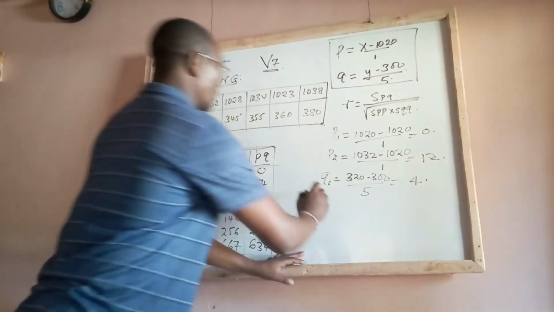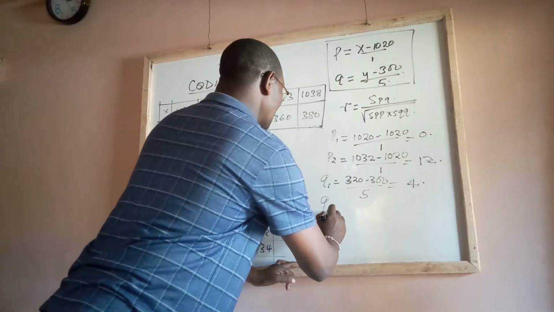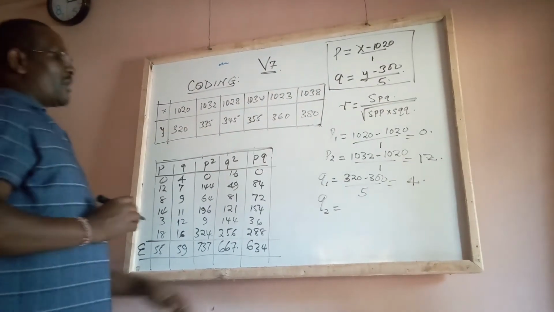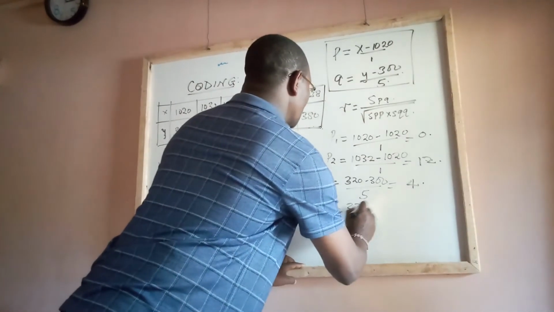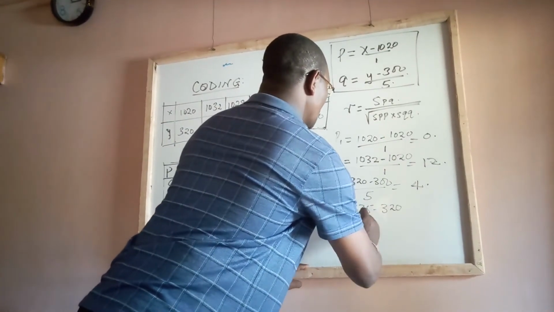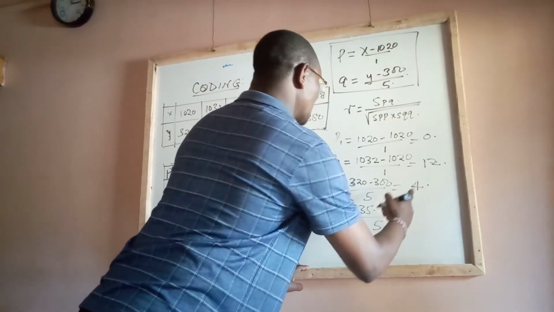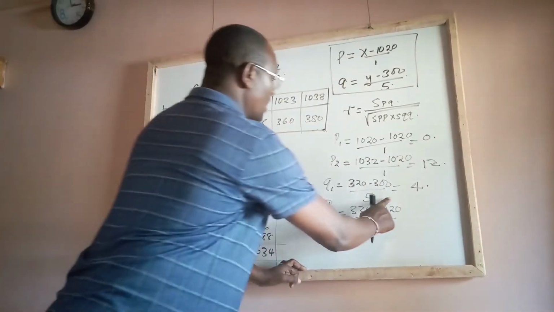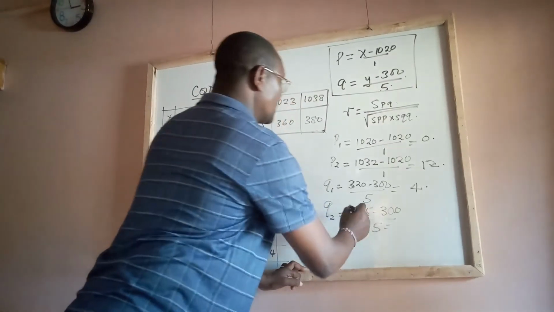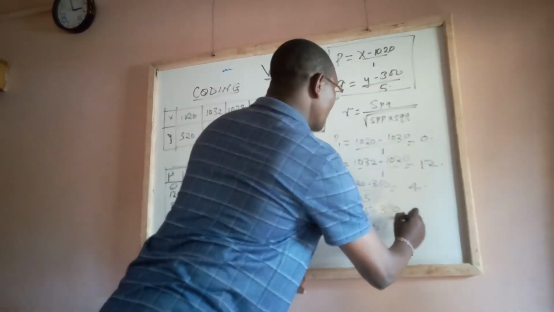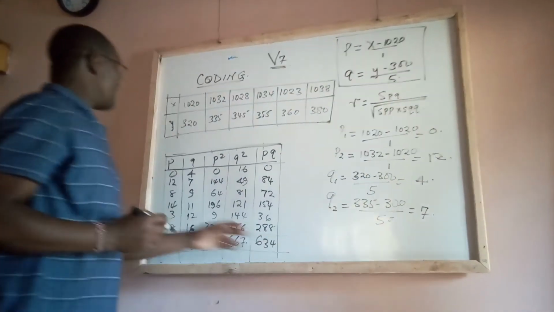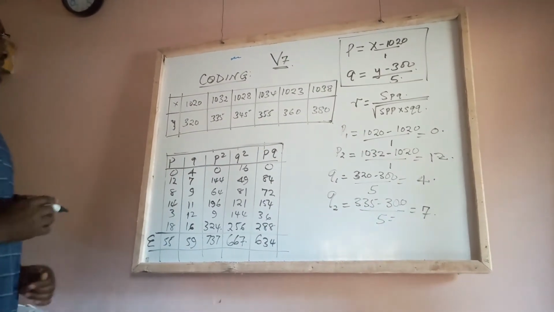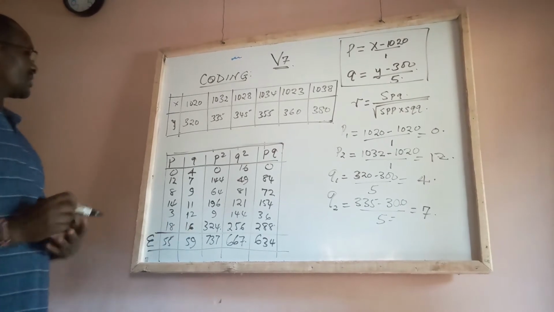What about q2? q2 is the second value of y, which is 335 minus 300, not 320, divided by 5. This is 35 divided by 5 which is 7, and that is why we have the value of q2 as 7, all the way until q6, which is 16.